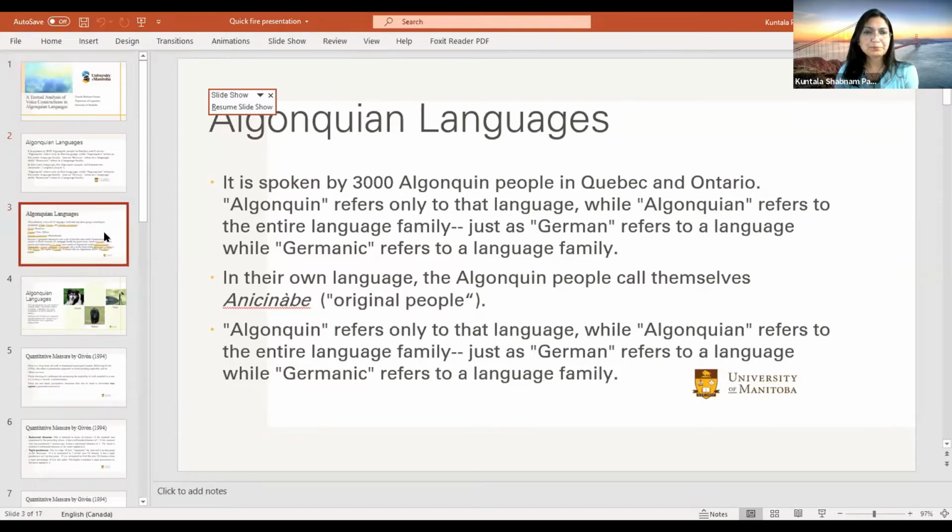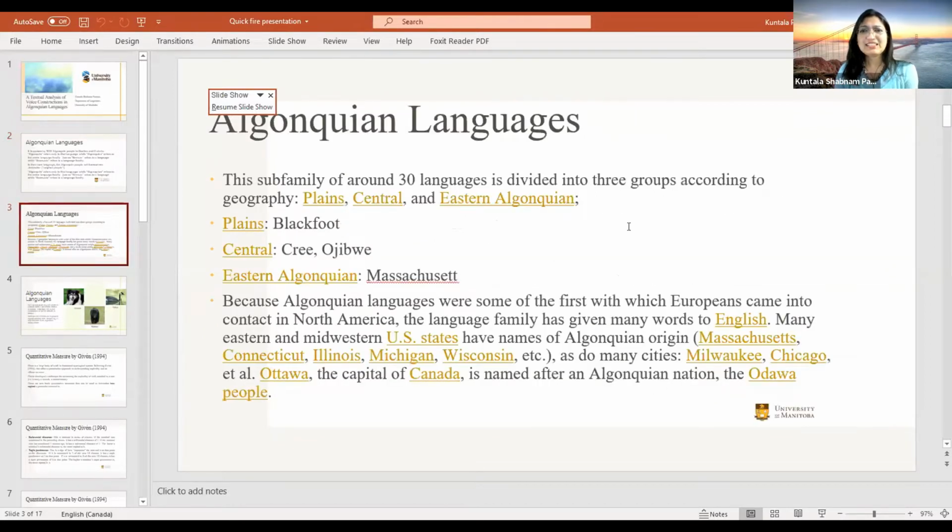And it is actually divided into three subgroups: Plains, Central, and Eastern Algonquian. One of the most widely known Plains languages is Blackfoot. Central, some of the examples from Central are Cree and Ojibwe, and Massachusetts is one of the Eastern Algonquian languages.